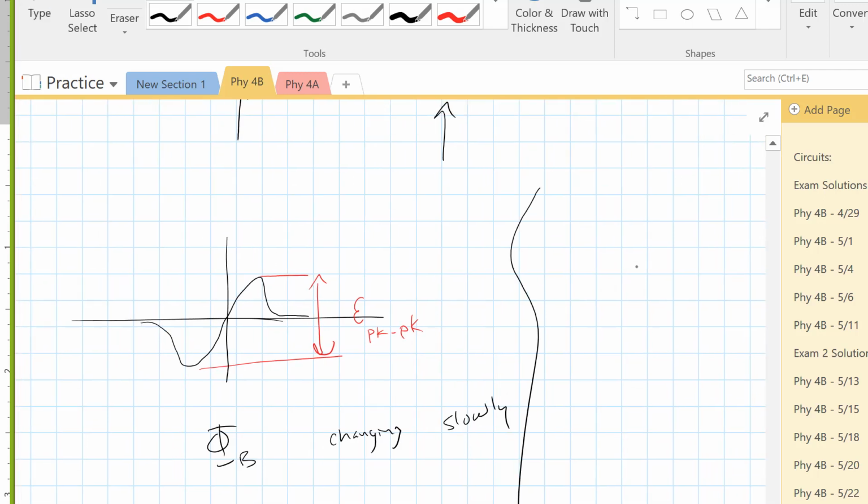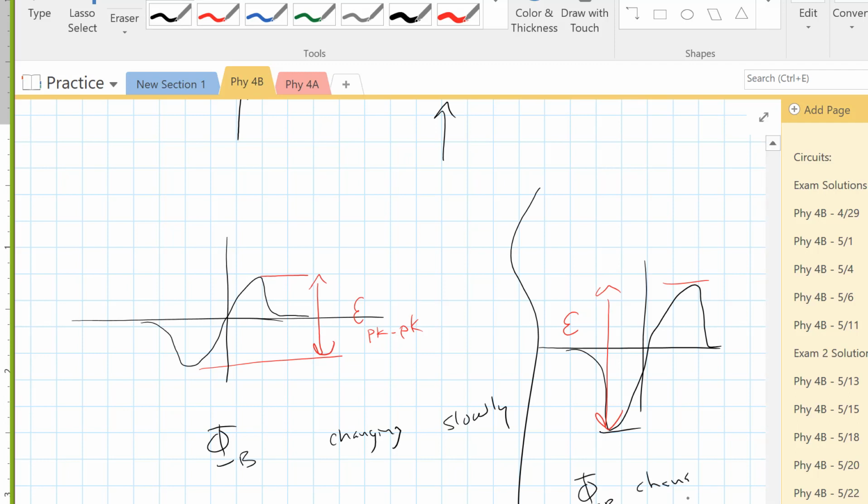If the flux is changing at a faster rate, then you get a bigger peak-to-peak value.